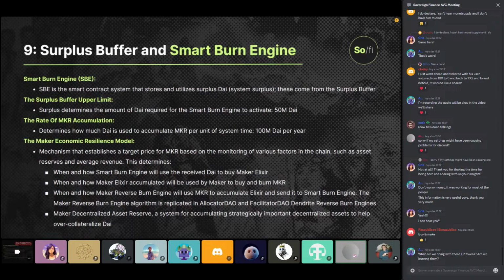So we've been working with Pull Up and other ecosystem contributors to try and optimize that so that we can operate the smart burn engine according to how the scopes wrote it out, but with the lowest possible cost of either gas or market impact and slippage. That's probably one of our main focuses recently.